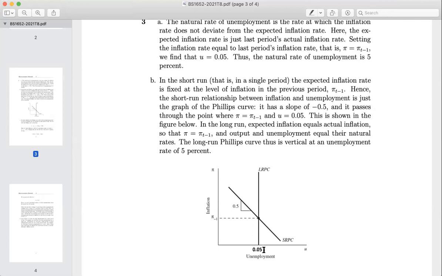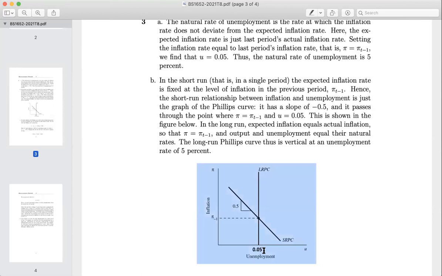The main difference is that if you plot the long run aggregate supply, you put output level on the horizontal axis, and the position of the long run aggregate supply will be exactly similar to the position of the long run Phillips curve, because this is the other side of the same coin.